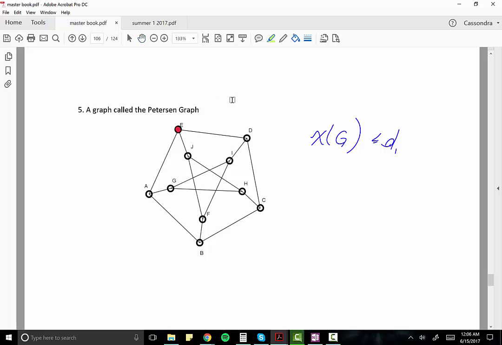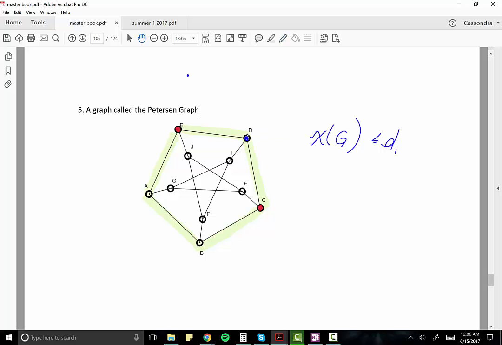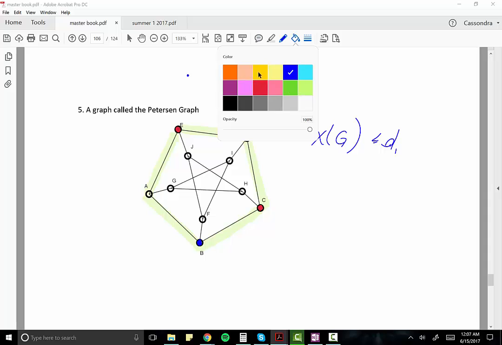Now, if we look at this really quick, we can see that we have an odd cycle on the outside, so I know that this is going to be 3. No matter what I do, this has to be 3. I'll make that blue, I'll make this red, I'll make that blue. I can't make this red. So let's make these blue or red or blue. So I'm going to go ahead and make this part yellow.